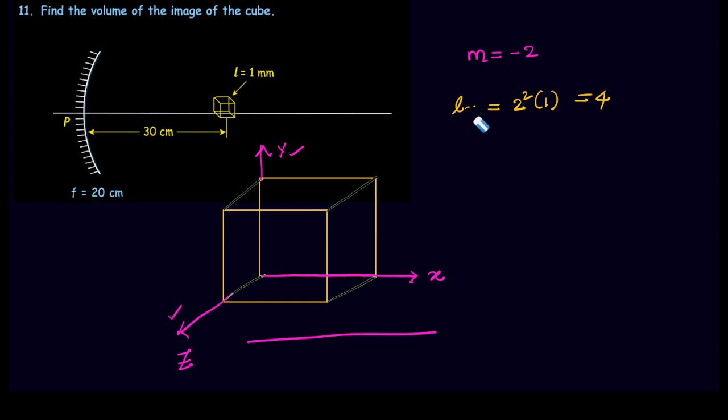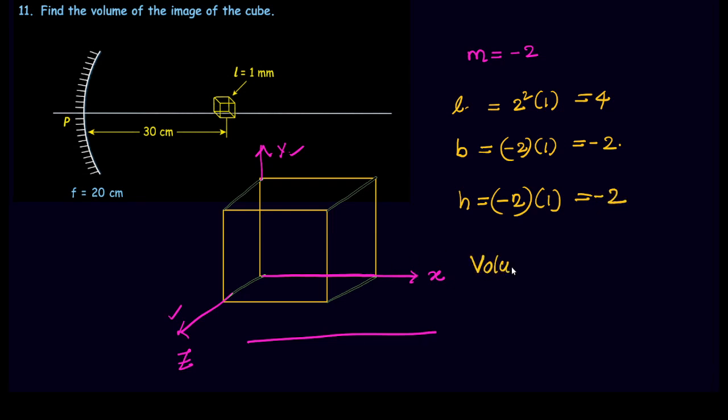Understood what I'm saying? This is the length. Next, the breadth, which is magnified by how many times? M times only. So it is -2 into 1, which is -2. And the height is magnified by m times, that is -2 into 1, which is -2. So what is the volume?